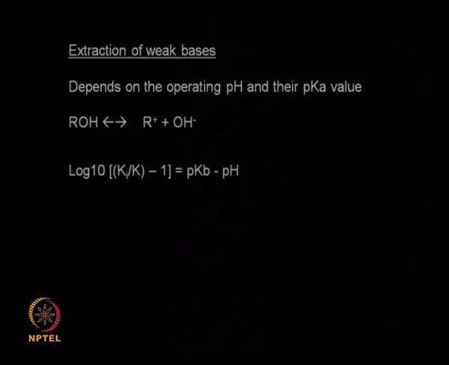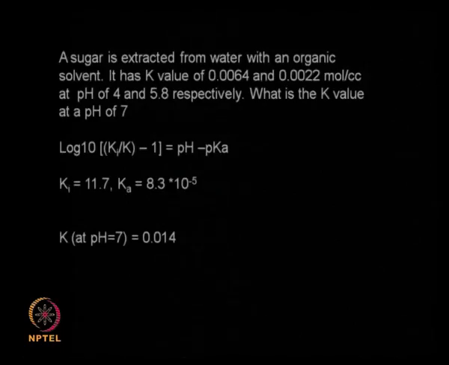Now why is it so important? That comes out from a problem. Imagine I want to extract a sugar from water with an organic solvent. So it has got a K value of 0.0064 moles per cc at a pH of 4, and it has got a K value of 0.0022 moles per cc at a pH value of 5.8.